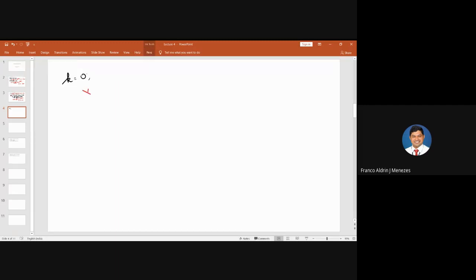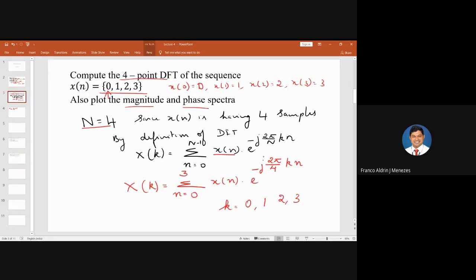X of k is equal to 0, it will be x of 0, which is equal to summation n is equal to 0 to 3 x of n multiplied by e to the power of minus j. So in this case, we can write 2 pi by 4 as pi by 2. So we can reduce this particular term, 2 pi by 4, which can be written as pi divided by 2 k into n.